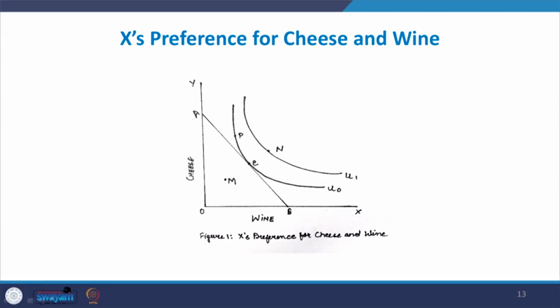P is not the optimum point, although P and E provide the same level of satisfaction, because under the given budget constraint P cannot be achieved. Similarly, N provides a higher level of utility to the consumer, but N is not obtainable, because to reach N more funds, more budget, is required, and that is why it is outside the budget line of the consumer. So this is the indifference curve of person X.